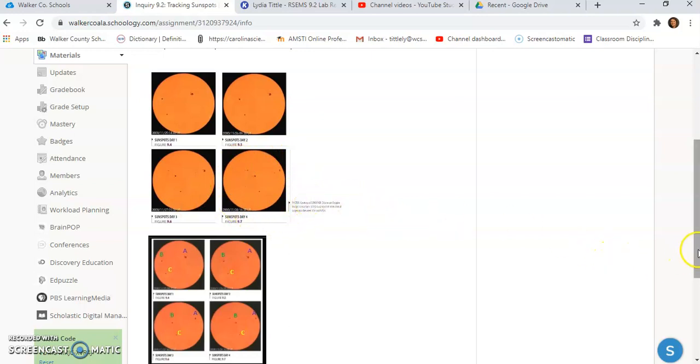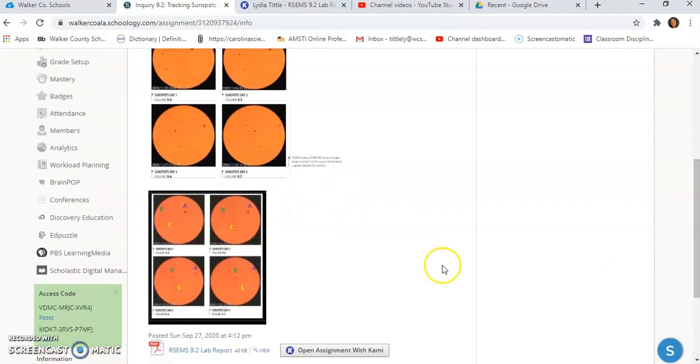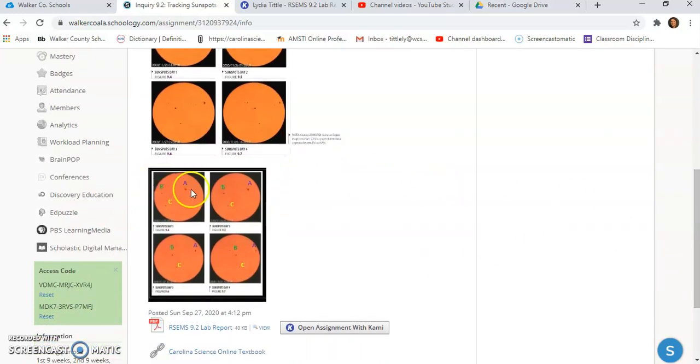Well, we're going to take the clusters of sunspots that you see and divide them up into 3 groups. The ones that are located up here closer to the top of the sun, we're going to call them group A. And you can see that group A moves from here to here to here to here as you go across the 4 days.